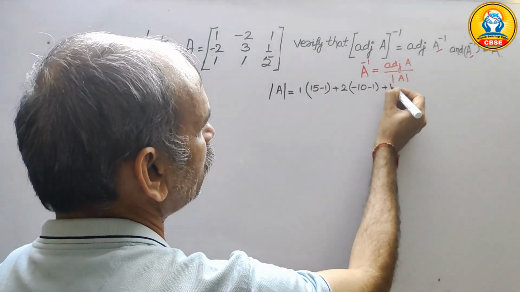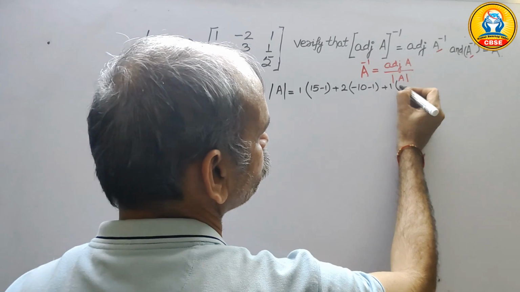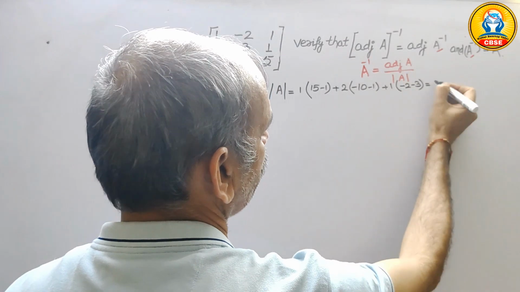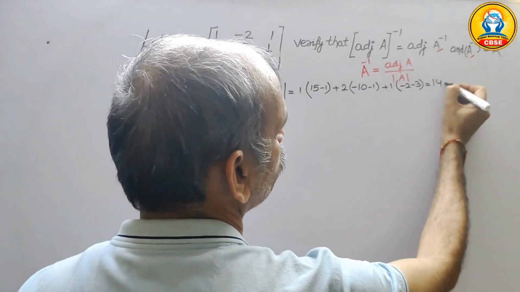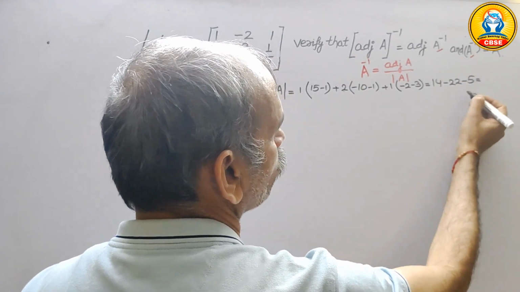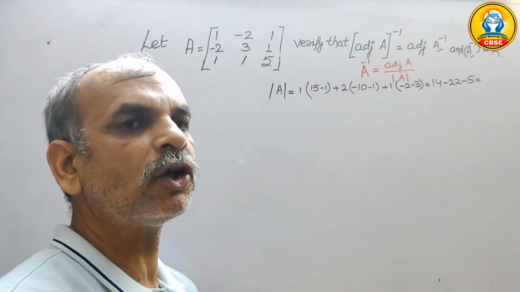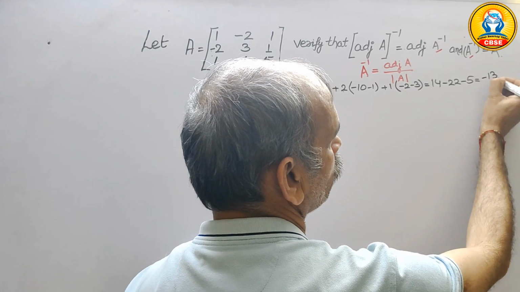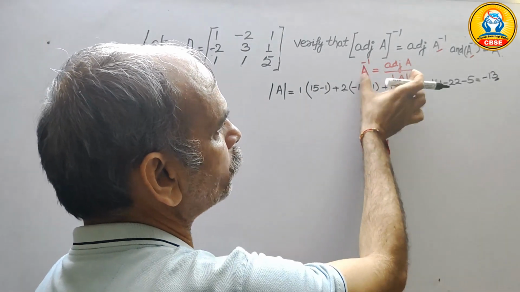And this will be plus 1, then minus 2 minus 3. That is equal to, this is 14. This will be minus 22 and minus 5. So minus 22 minus 5 is minus 27. Minus 27 plus 14 is minus 13. So here we will get minus 13.